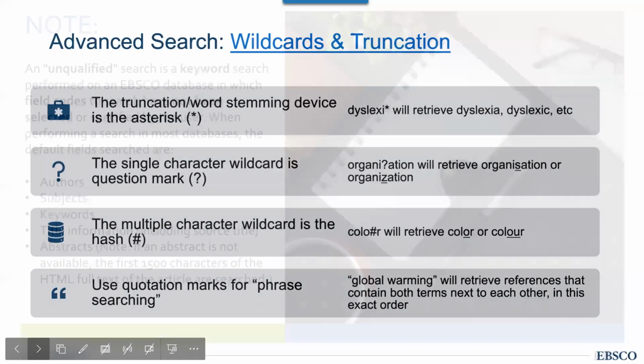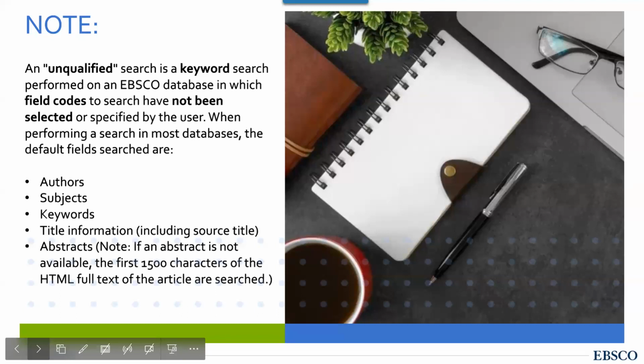One thing I want to note regarding advanced search when you're utilizing the advanced search screen is that an unqualified search, when we talk about unqualified searches, we are referring to keyword searches when you enter a keyword in the search box where you do not qualify your search with a field code.